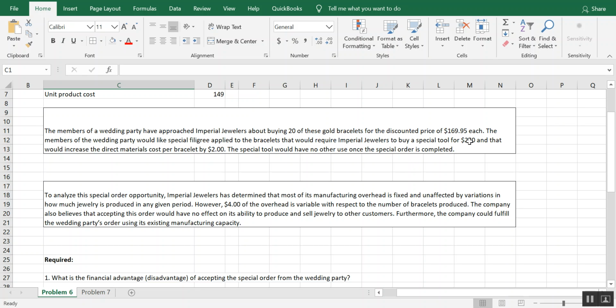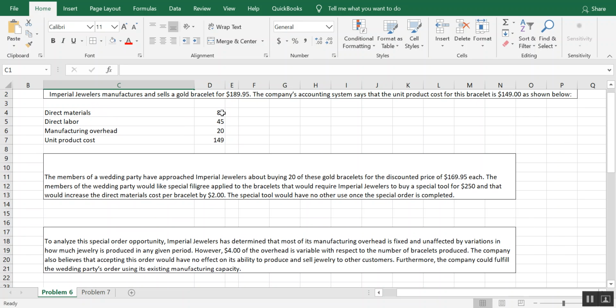So, thinking about what is relevant and not relevant, I want to go through this with you together. So, first of all, direct materials per unit is relevant, direct labor per unit is relevant. But based on this determination that they made about most of the manufacturing overhead being fixed, the only part of the manufacturing overhead that will apply or be relevant to our calculation is this $4 per unit of variable overhead for the bracelets.